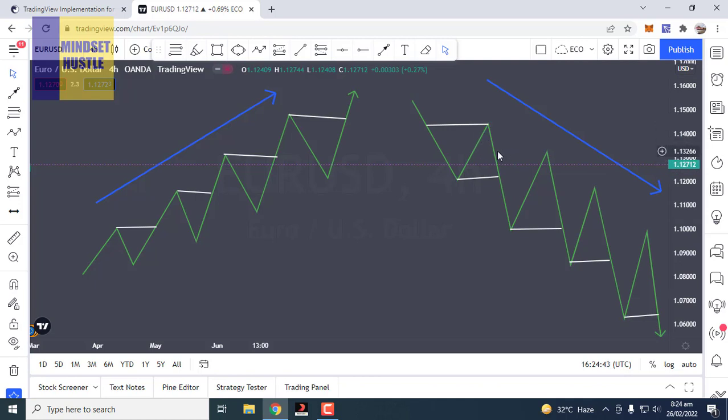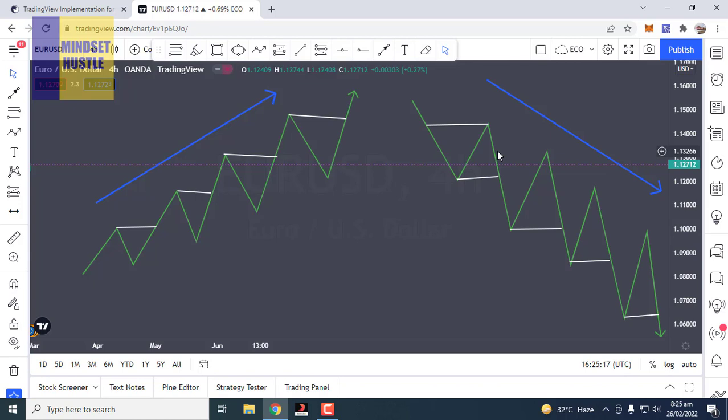Now, what are all these ideas around structure? So structure is just there to help you to know the directional bias of the market at that point in time. If you understand the directional bias of the market using market structure, you should be able to trade without fear. You should be able to know when to enter the market in a particular direction and when not to enter the market in a particular direction.